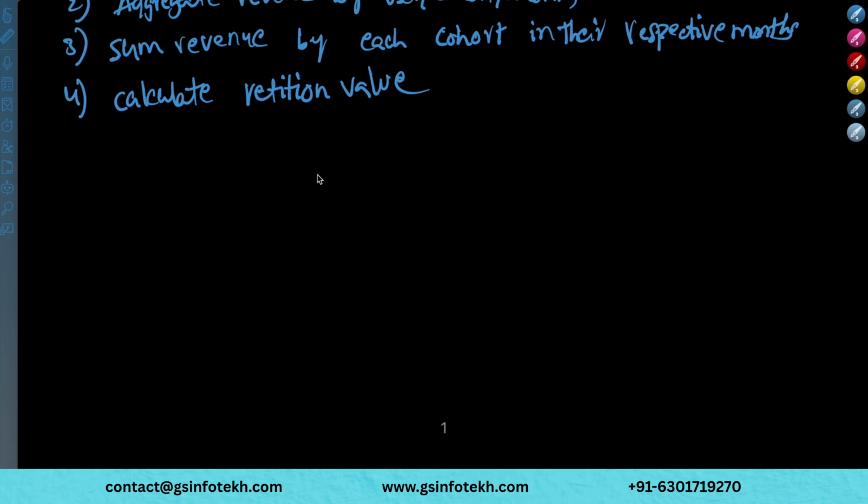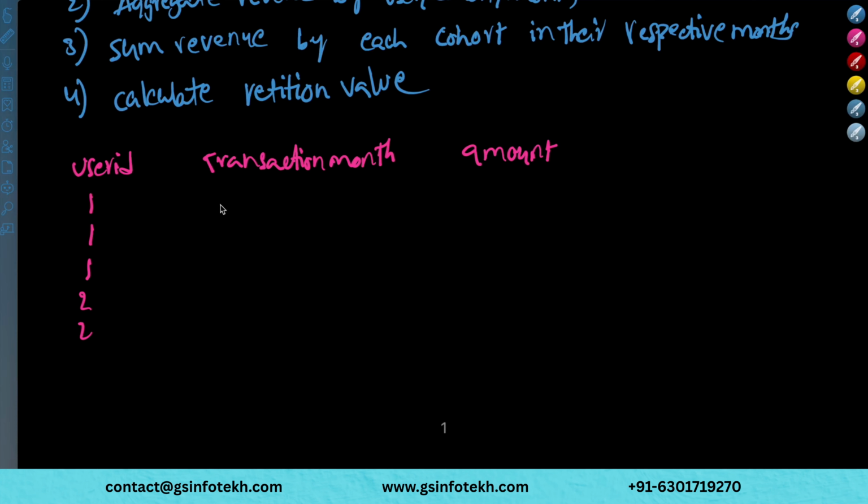Let's say we have a table like this: user ID, transaction month, and then amount. Let's say we have only two users. This user has done some transaction in some month. Let's say it is related to past transactions, so I'm taking 2023.